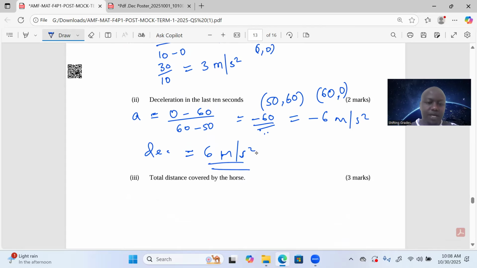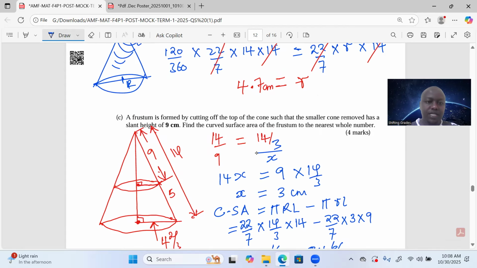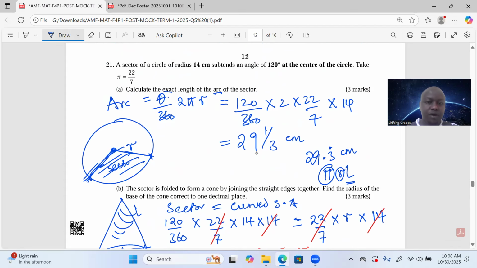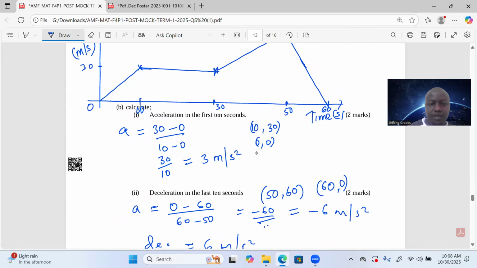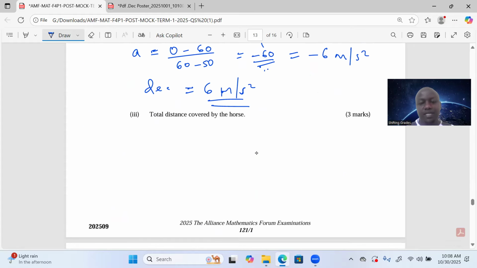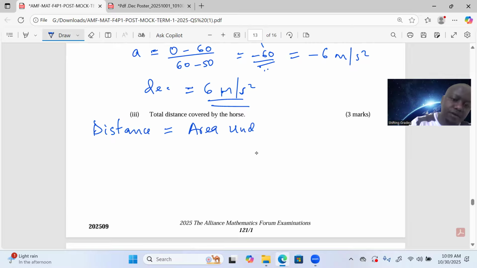Then now there is a Roman 3 of the same question. The question says, total distance covered. For us to get total distance covered, when we are given a velocity time graph, total distance equals the area under the graph.